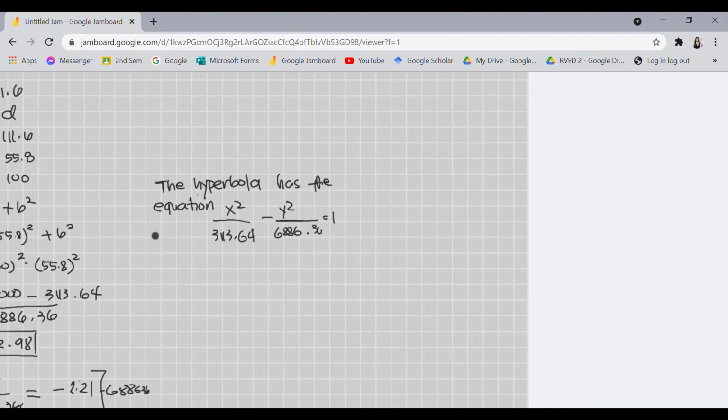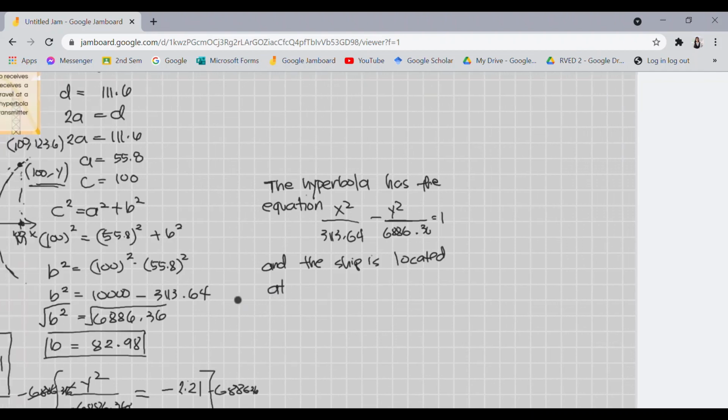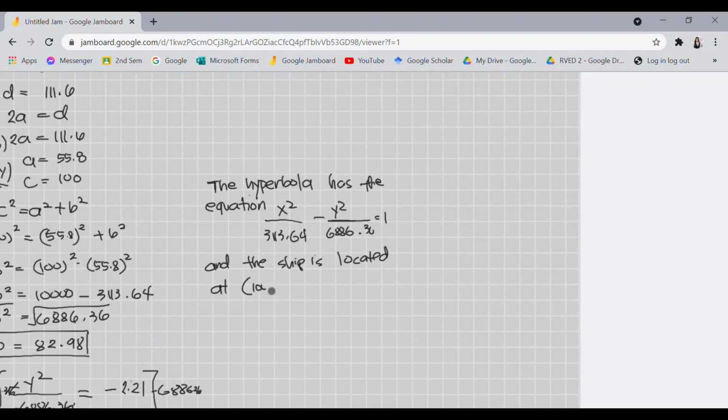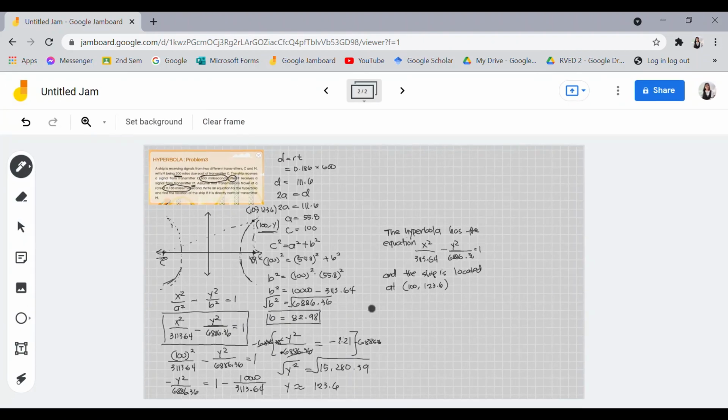Okay? So, the equation, the hyperbola is the equation, and the ship is located at, let's give natin yung coordinate at 100, 123.6. Okay, so we can answer the problem just like that. So that will be our problem number 3 for hyperbola.